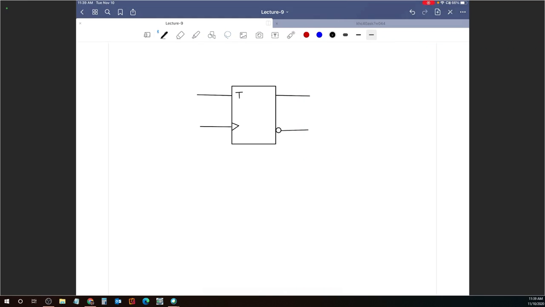So this is for the positive edge trigger T flip-flop. So that is a typical symbol for the T flip-flop.